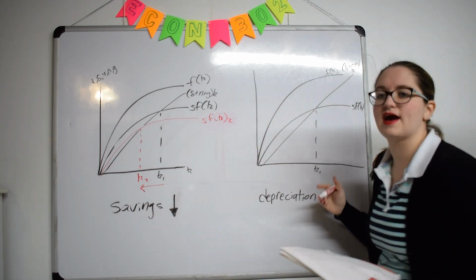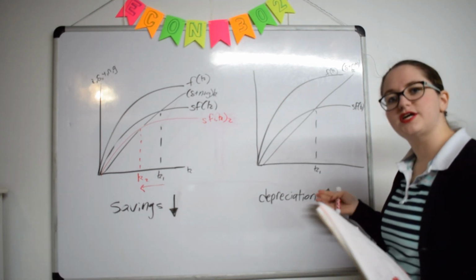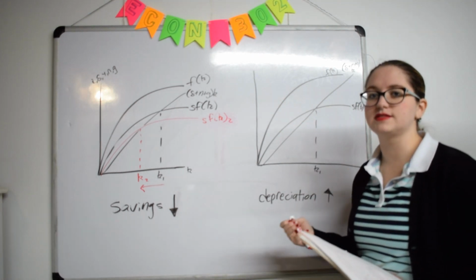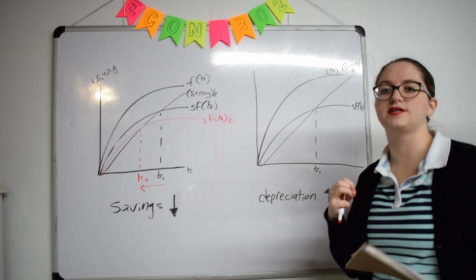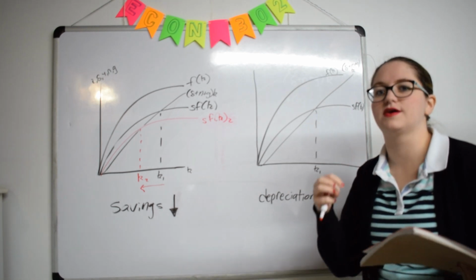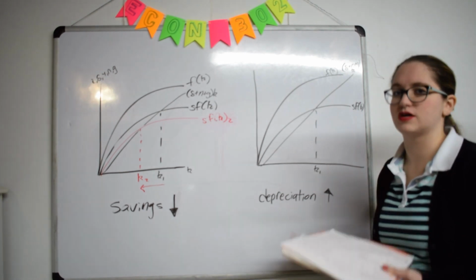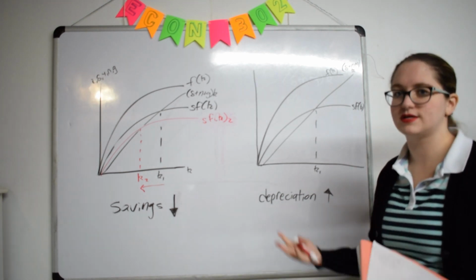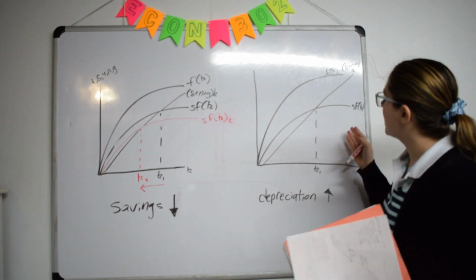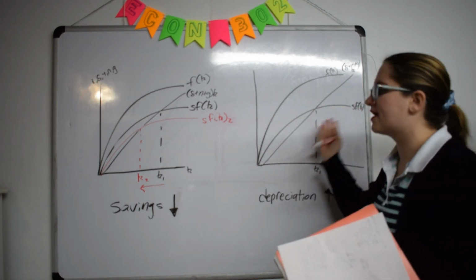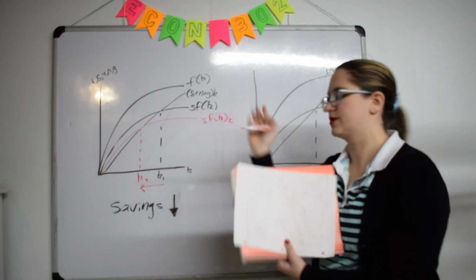Now, when we're looking at depreciation, when depreciation increases, that means that we're going to be spending more of our investment on paying for what has rusted in the machinery or what has broken down. So what's going to happen is the spending line is going to tilt upwards.